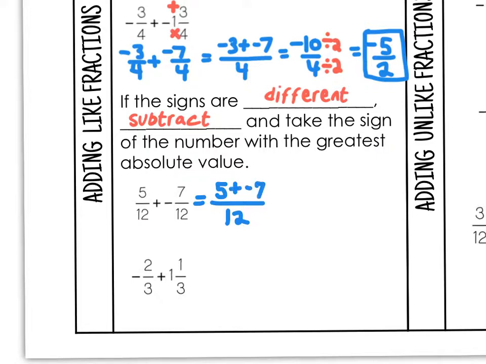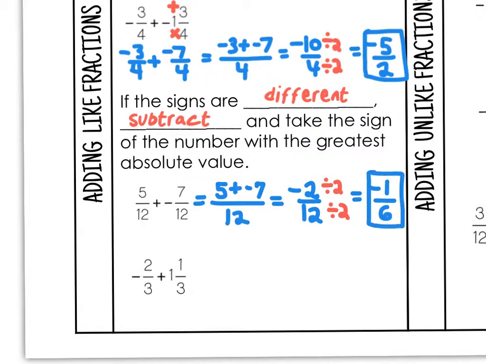Now we simplify the numerators, so it's negative 2 over 12. Both of these numbers are divisible by 2, so our simplest form is negative 1 over 6, so it's negative 1/6.